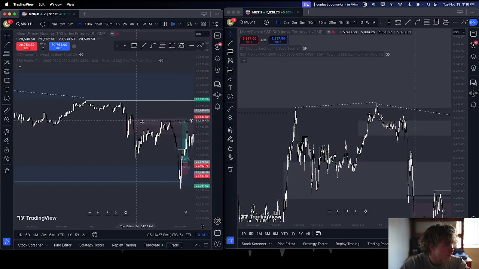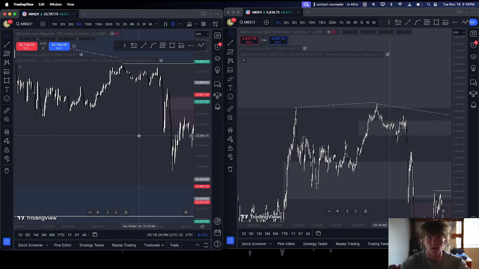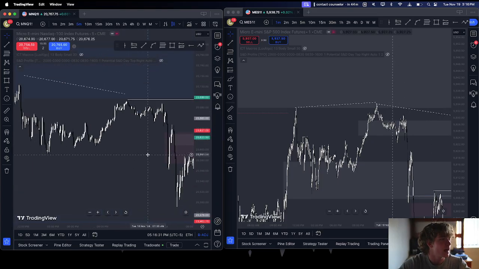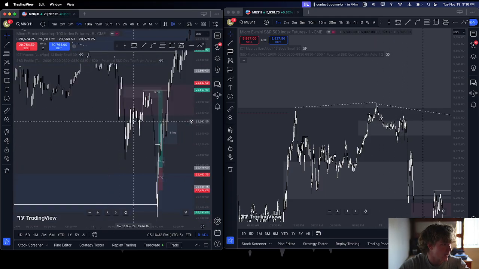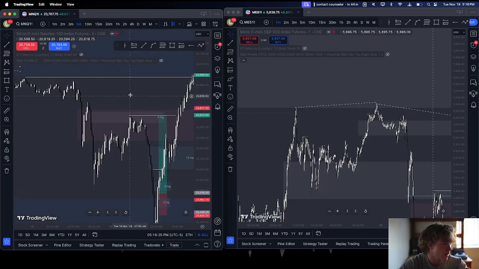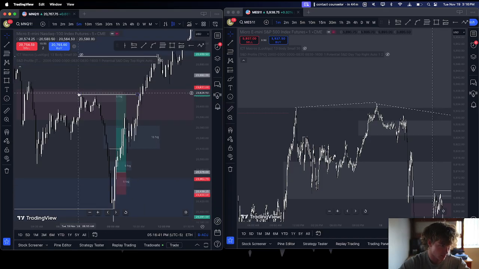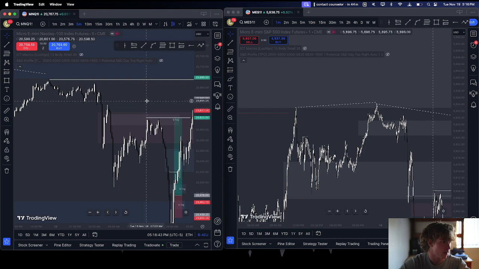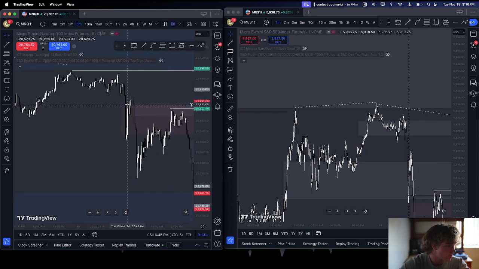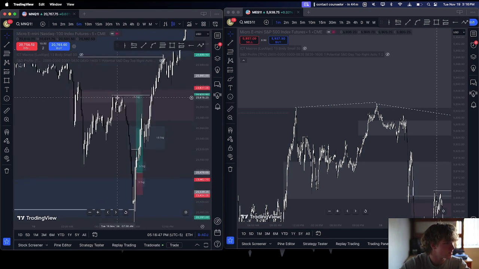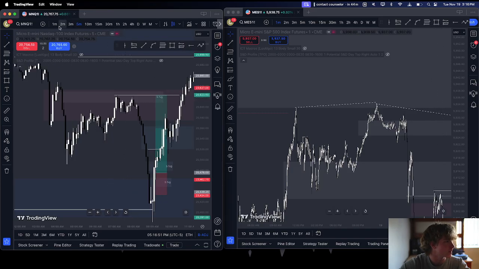Now, I did wake up somewhat late, and I might have taken shorts here if I was earlier to it, but I was rushed into seeing the bias. Market opens right about here, 8:30.